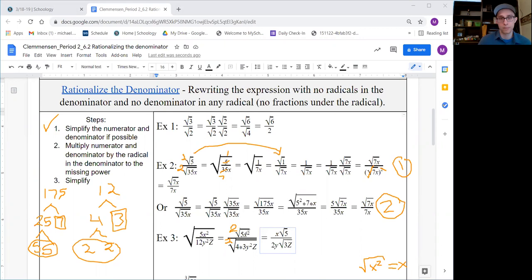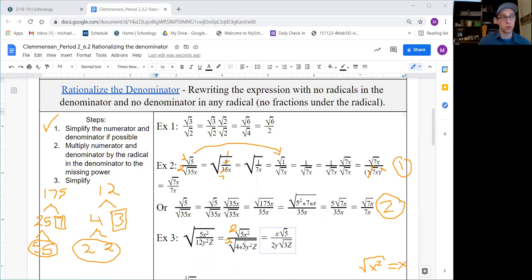The 5 can't be square rooted because it's not a square. There's no nice number, so I leave it as the square root of 5. On the bottom side, after I broke up the 12 using my factor tree, like I did right over here, I made it into a 4 times a 3, and I can square root the 4, right, to get that 2 out front.